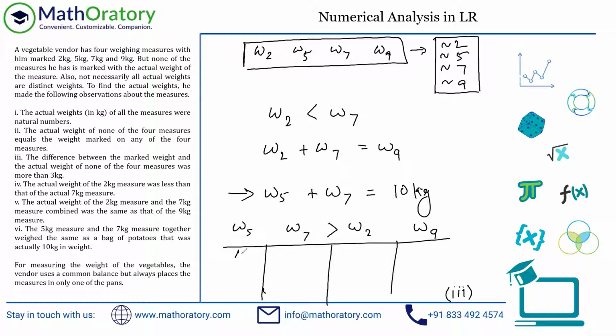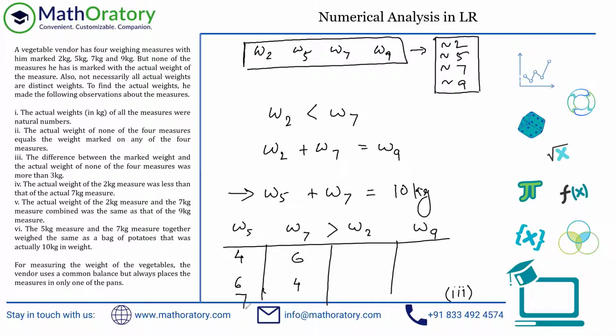So I can take 4 here and 6 here. I think this should be fine as of now. So 4 and 6 is possible. See, I cannot take 5 again, but I can take 6, right, for W5. So I can take 6 for W5, in which case W7 can be 4, which is fairly fine. For W5, I cannot take 7 again.